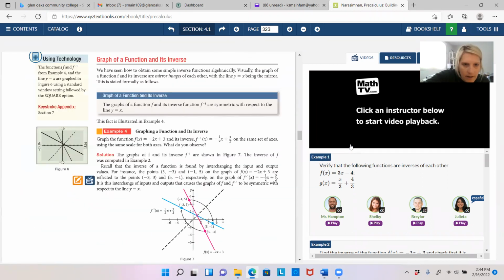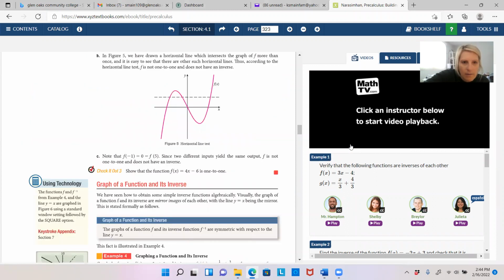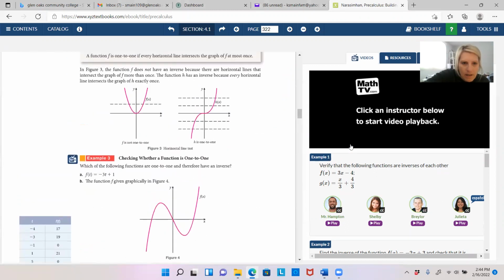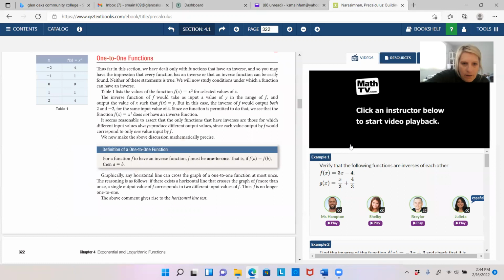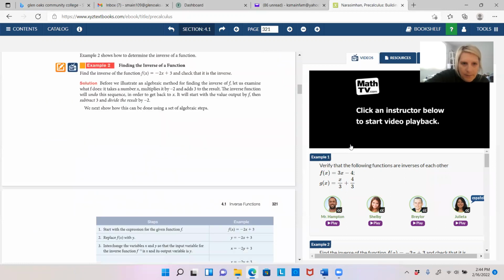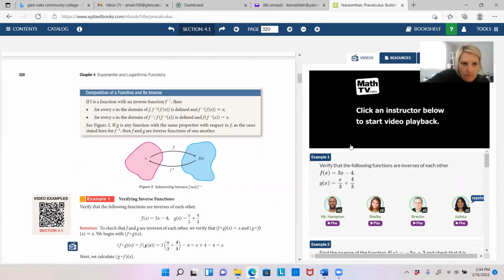I'm trying to get to that here in the book so you can see that. Right here, on page 320 at the top, it says, if f is a function with an inverse f to the -1, so when -1 is the exponent on f, it means it's an inverse.